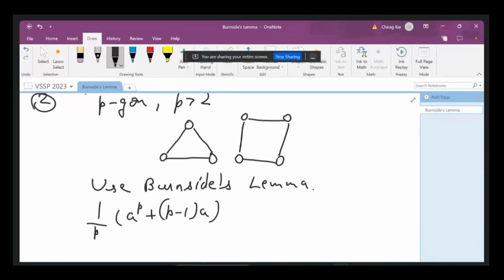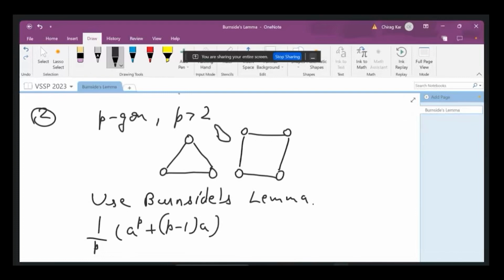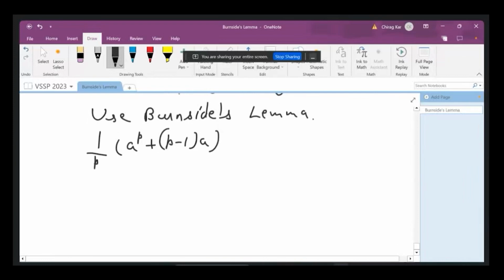And also, we assume that P is prime. That's extremely important. P prime. And you want to color it with A colors. We'll find something along the lines of this. This is the number. Why is this important? Because this implies that P divides this number specifically.